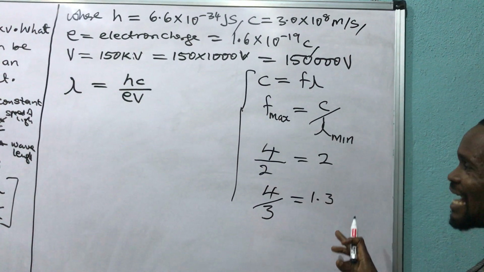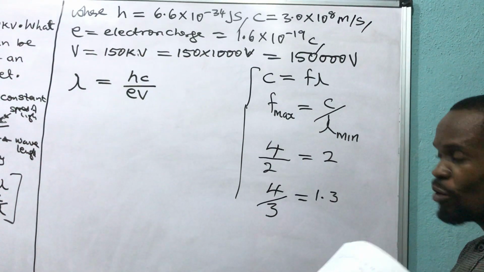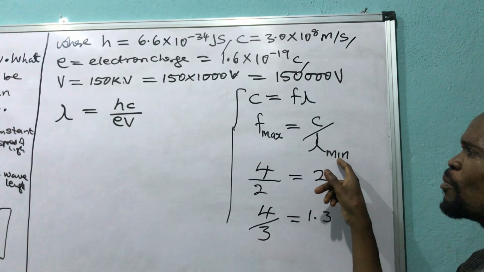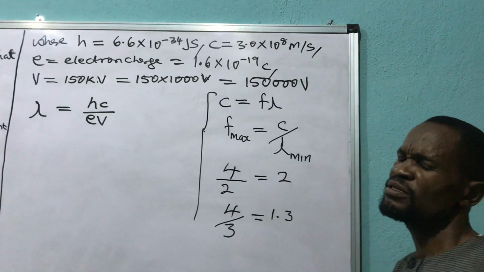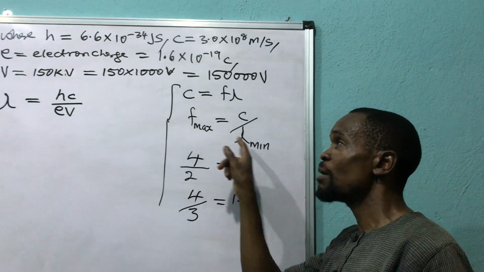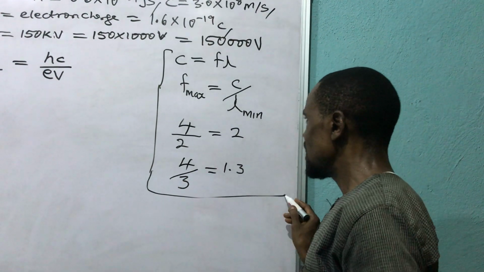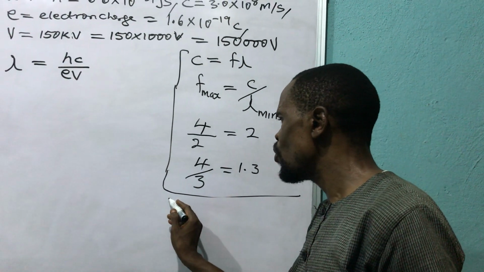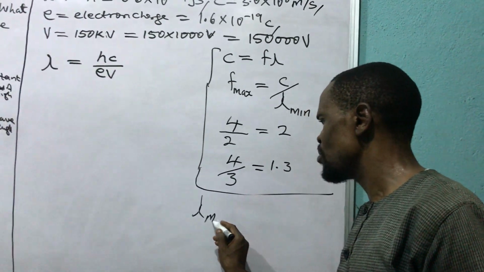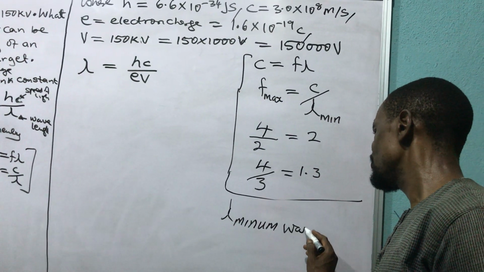So the lesser the lambda, the more the frequency. So for me to get the maximum frequency, I must have a minimum wavelength. So when I see this, it is what we call minimum wavelength.